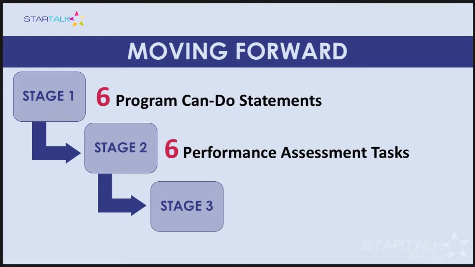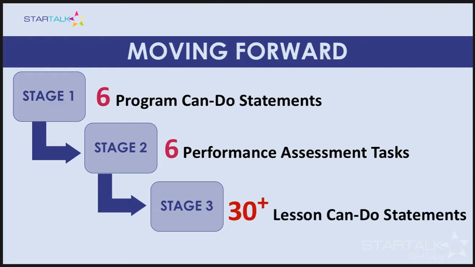And in stage 3, where the program can-do statements are broken into lesson can-do statements, there are over 30 lesson can-do statements. This makes it very important that programs are very thoughtful about the number of program can-do statements that they believe they can accomplish in the amount of time that they have available to them.